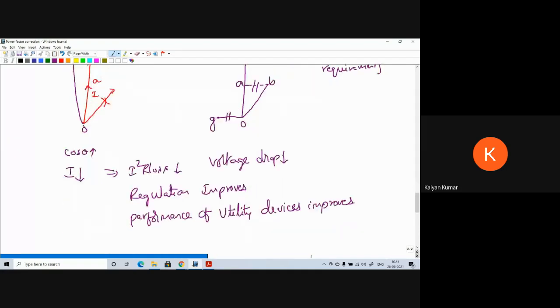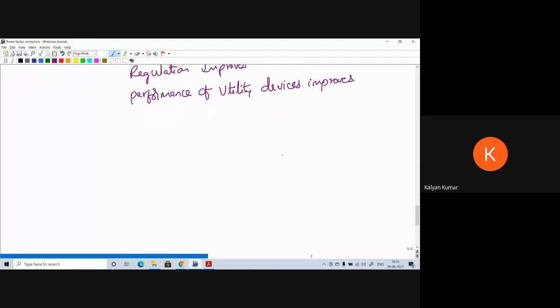Now, what is the difference between synchronous condenser and synchronous motor? A synchronous condenser is an over excited machine, and no mechanical load is connected to it; it is not driving any mechanical load.